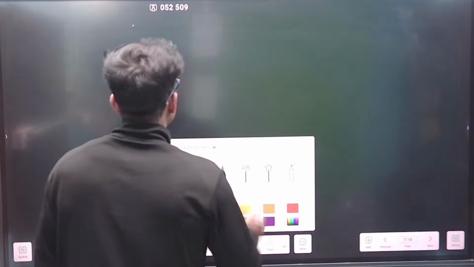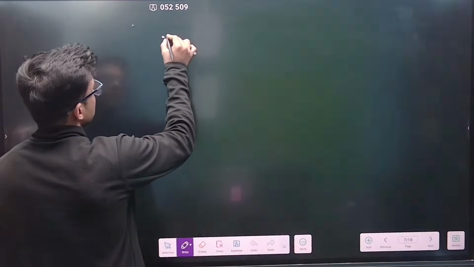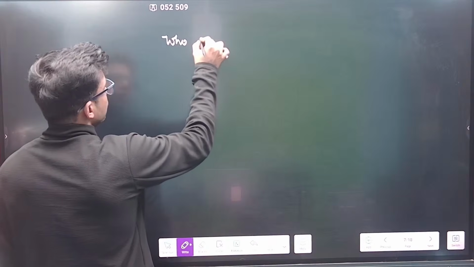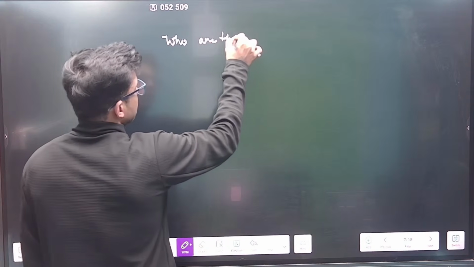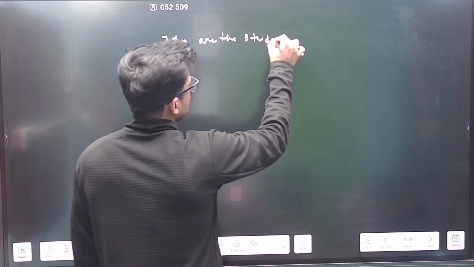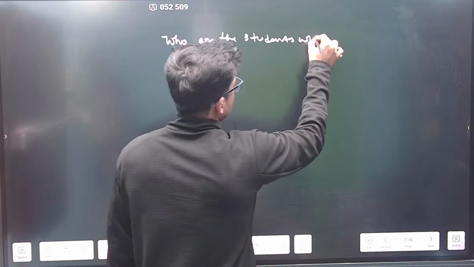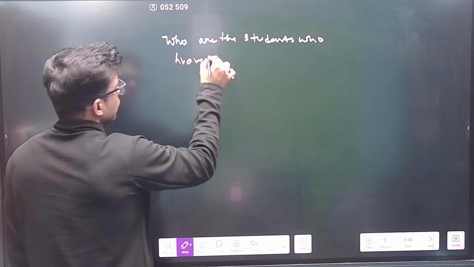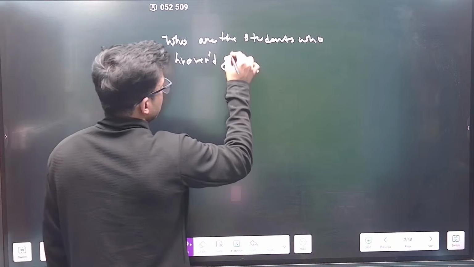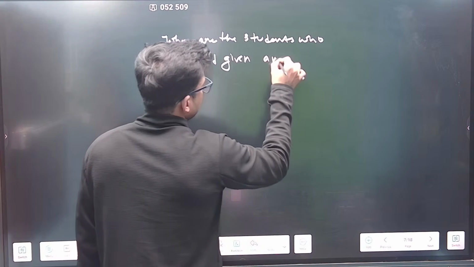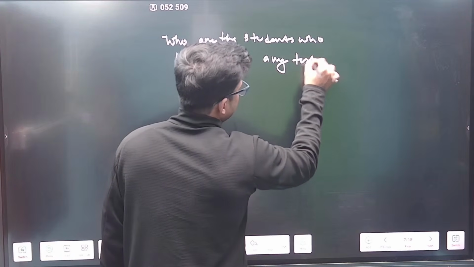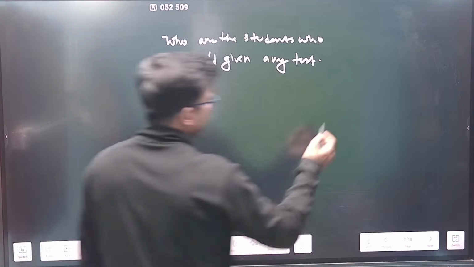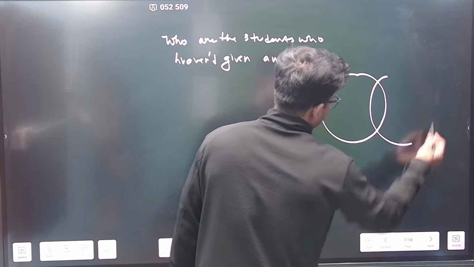Now if I write down the question here: who are the students who haven't given any test? And suppose you are drawing this Venn diagram.